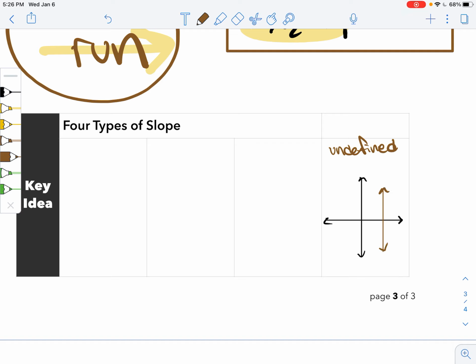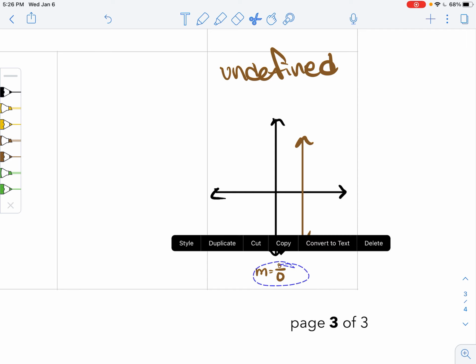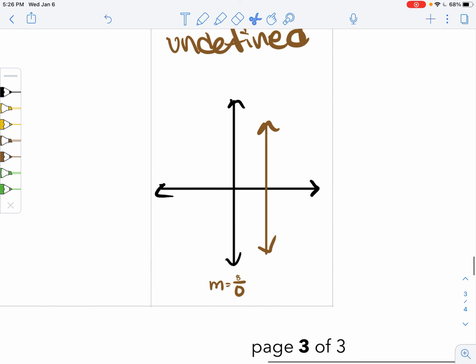It can be there, or over here, or wherever. So when your slope is something like 8 over 0, we say that's undefined. Or maybe it's 5 over 0, or negative 13,000 over 0. Anything over 0 is undefined.